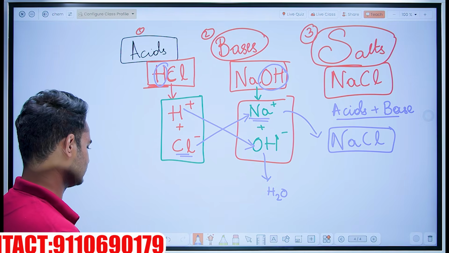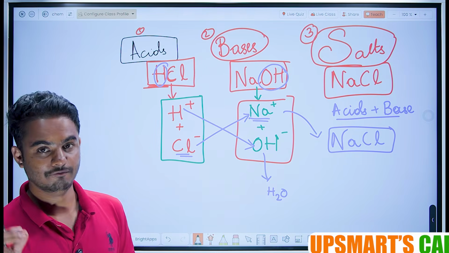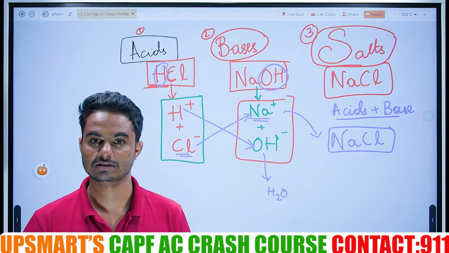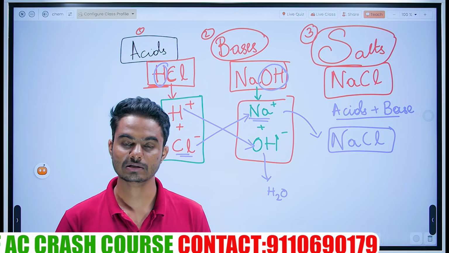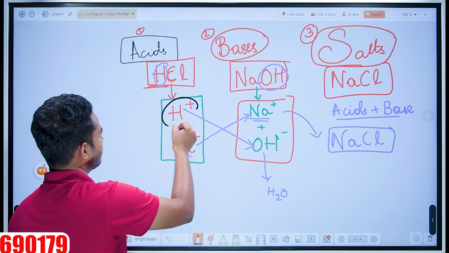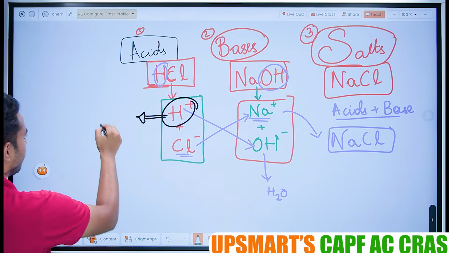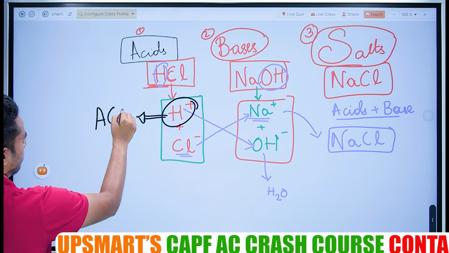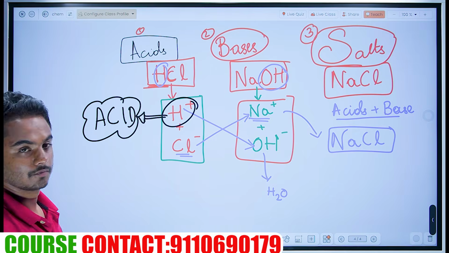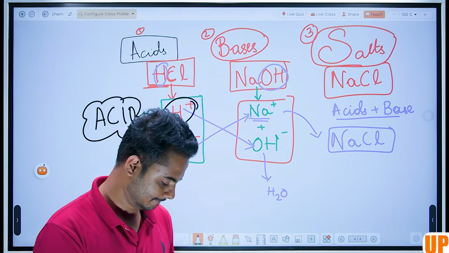What is the definition? The definition is, when a substance is dissolved in water, if it releases hydrogen cation H+, it implies that the substance is an acid.